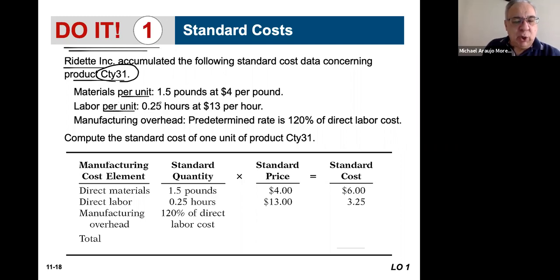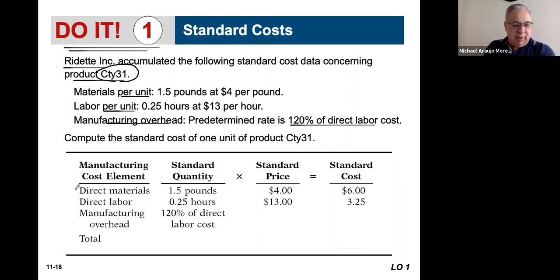Labor per unit is 1/4 of an hour at 13 bucks an hour. Manufacturing overhead, the predetermined rate is 120% of direct labor.